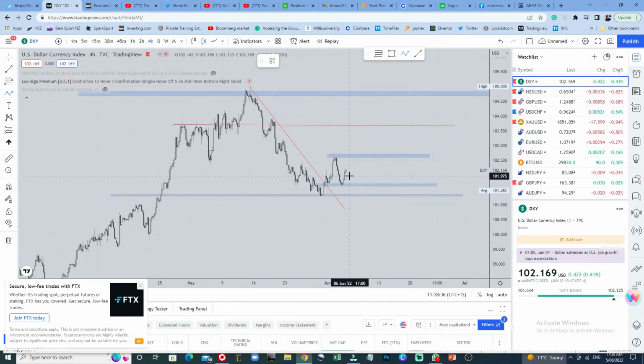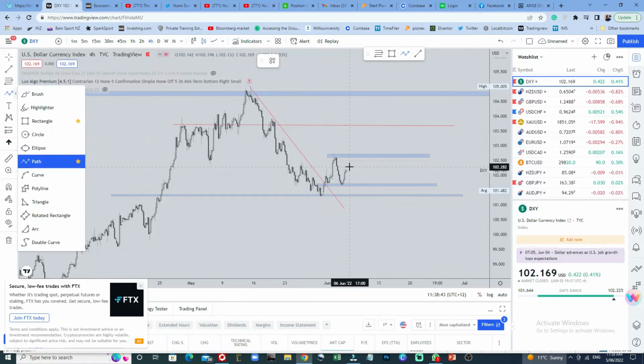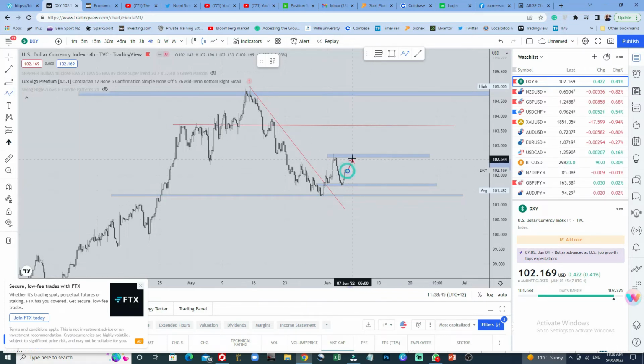We can't just say the market is going to go up, because we don't know where it's going to go up. That's not a good setup. So the best thing is for us to wait for the market. This market could do like this and just break down, or it can go up, retest and push to the upside.